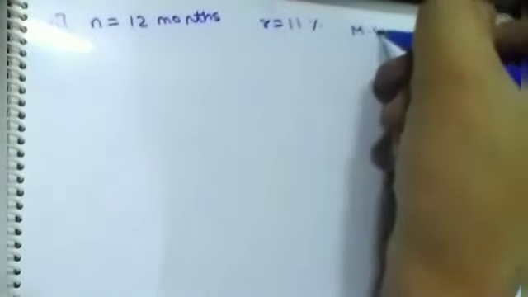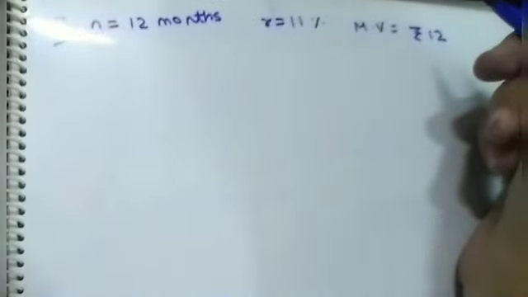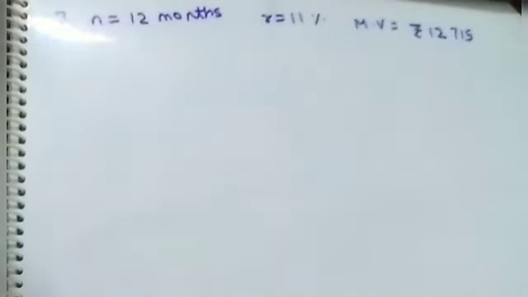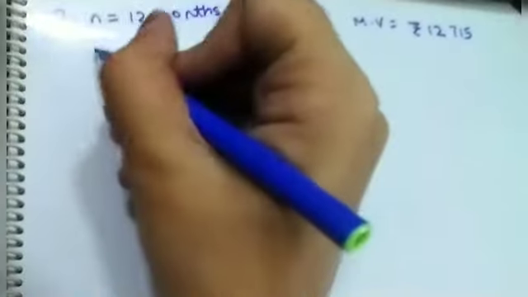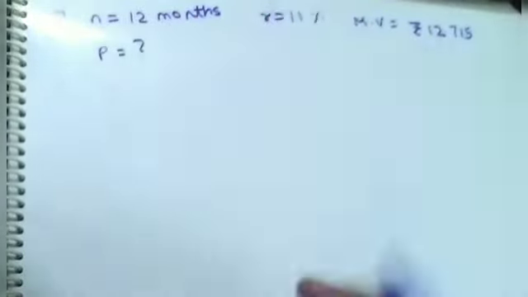Then it is given Ashish gets rupees 12,715 as maturity value. So in this, the maturity value is also given to us, which is rupees 12,715. So in this, we have to find what sum of money he paid every month. Means we have to find P, which is question mark.